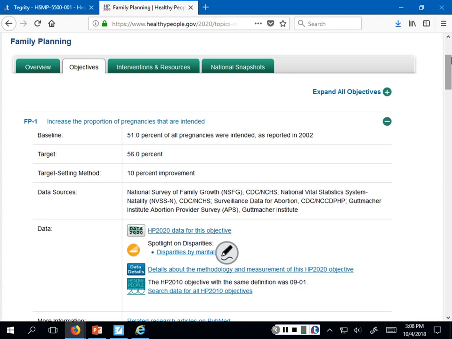So how would we go about evaluating whether or not this objective is achieved? Speak up, there's no right or wrong answer. We want to increase the proportion of pregnancies that are intended from 51% in 2002 to 56% by 2020.